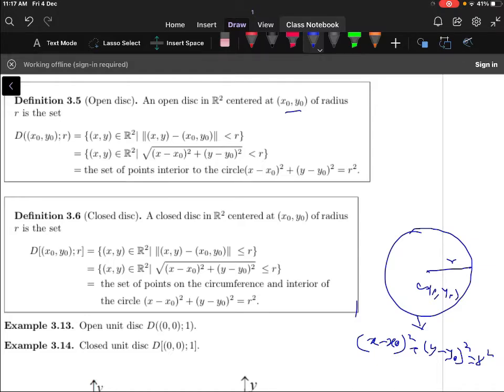Now you have to collect the open disk, which is a set, a collection of the interior points to the circle x minus x0 whole square plus y minus y0 whole square is equal to r square.